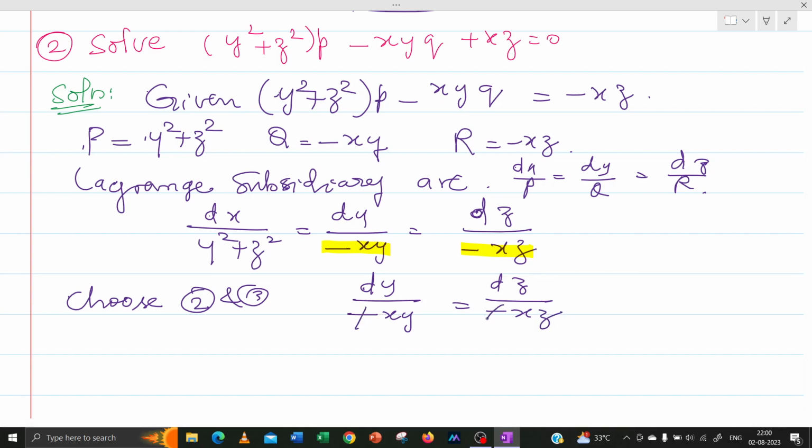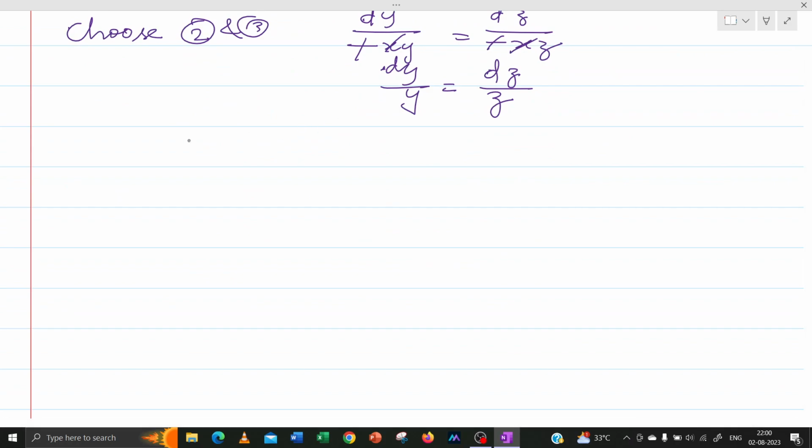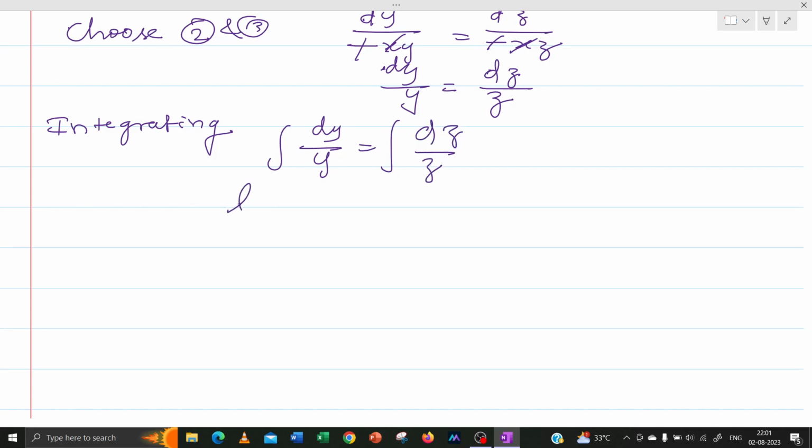So here the minus minus will cancel, x and x cancel, then we can write dy by y equal to dz by z. If you integrate on both sides, you get integral of dy by y equal to integral of dz by z. That means log y equal to log z plus some constant log c1.